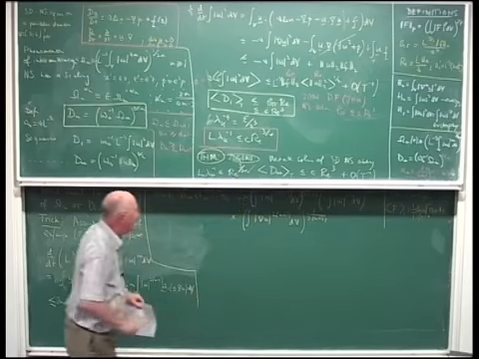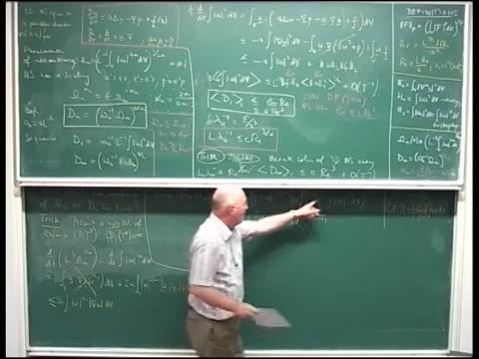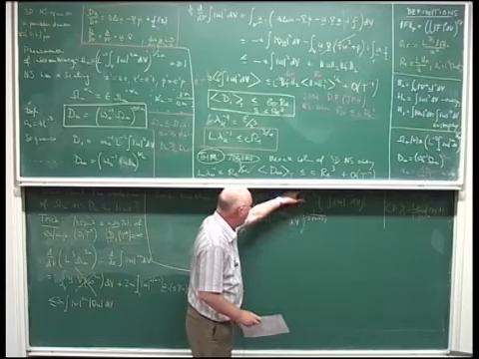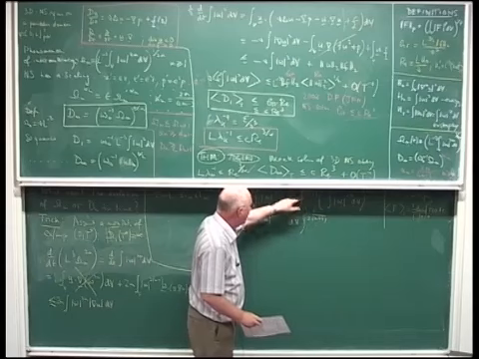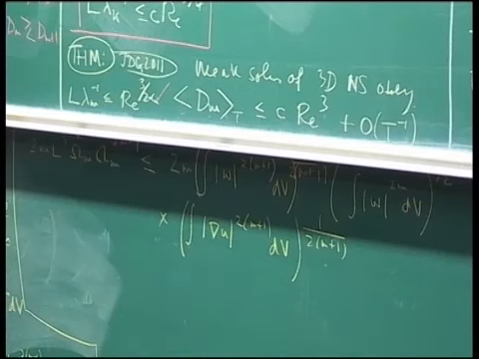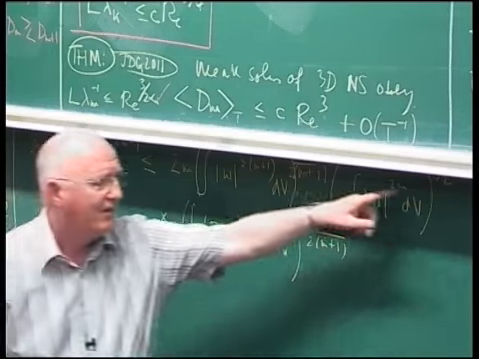Now, do these add up to 1? Well, they do. You can see m plus 1 cancels, giving me a half, and a half is 1. So that's Holder's inequality.